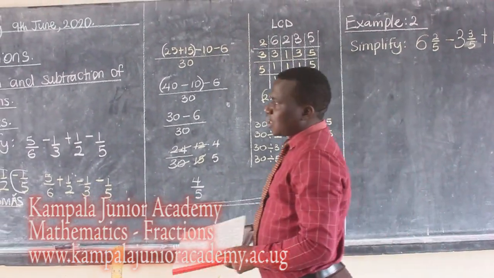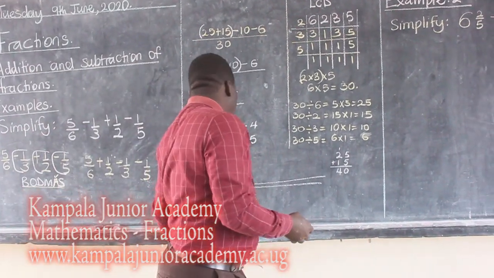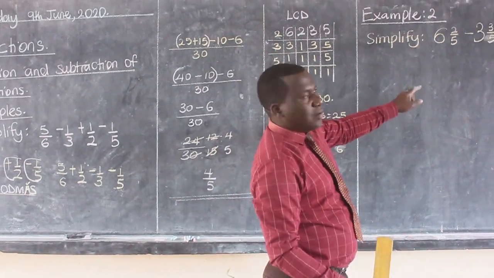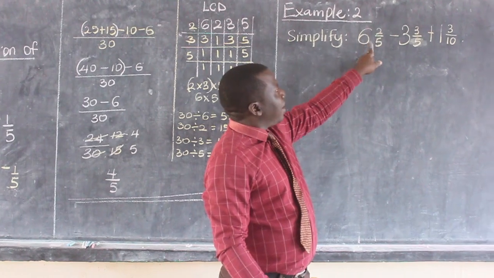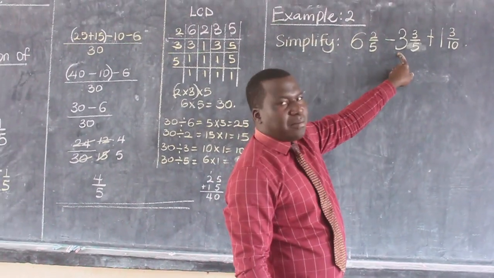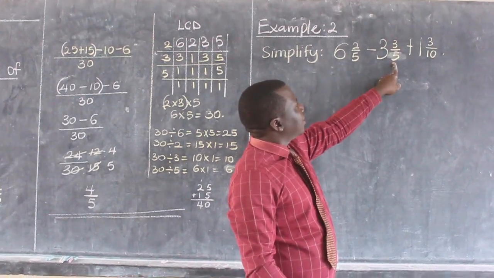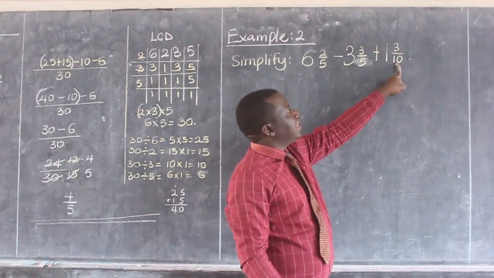Okay? Now, in our example 2, simplify 6 whole numbers, 2/5 minus 3 whole numbers, 3/5 plus 1 whole number and 3/10.